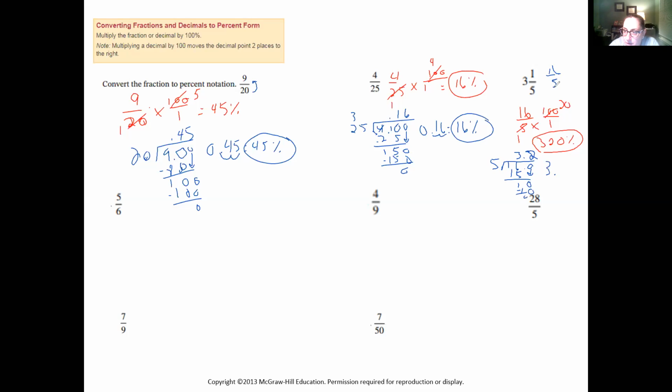You get 3.2. And since that's a decimal, you move it 2 to the right. You get 320%.